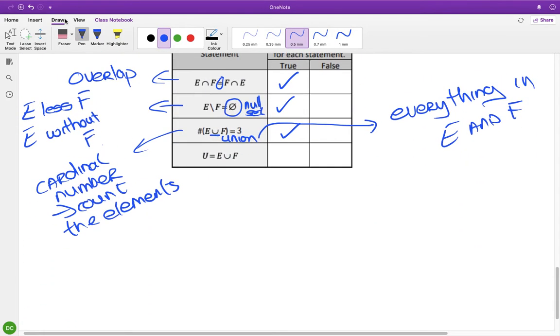And the last one. You can see the difference between that U shape and this U shape. This flattened out U shape, which almost looks like a sideways C, is union. This one is the universal set, and the universal set is the whole rectangle.